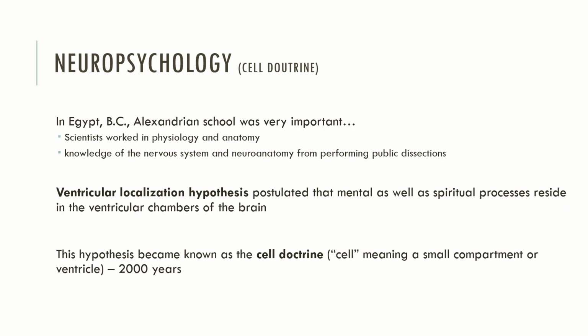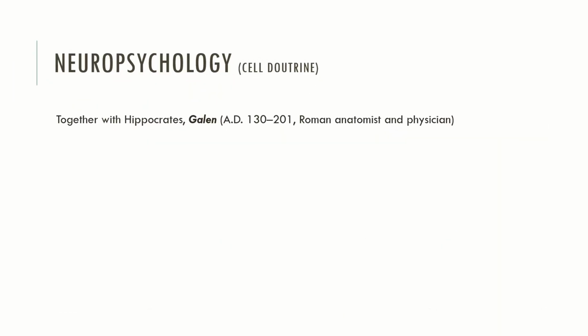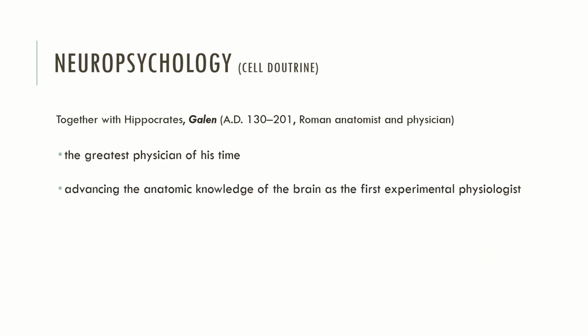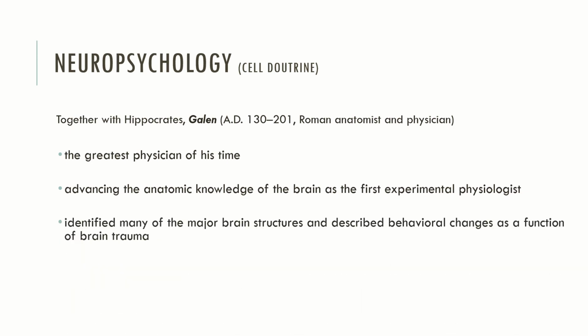Together with Hippocrates, Galen was one of the greatest physicians of his time, and he made different advances in the anatomic knowledge of the brain. He may be considered the first experimental physiologist, who identified many of the major brain structures and described the behavioral changes related to different brain traumas.